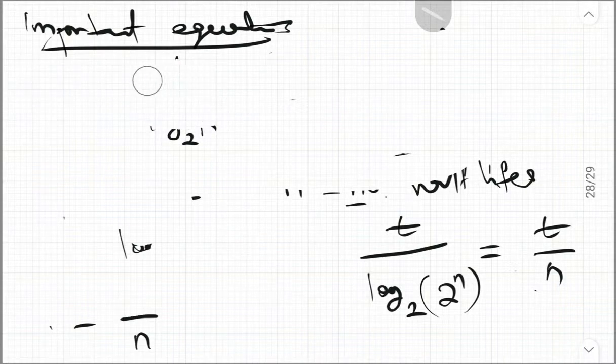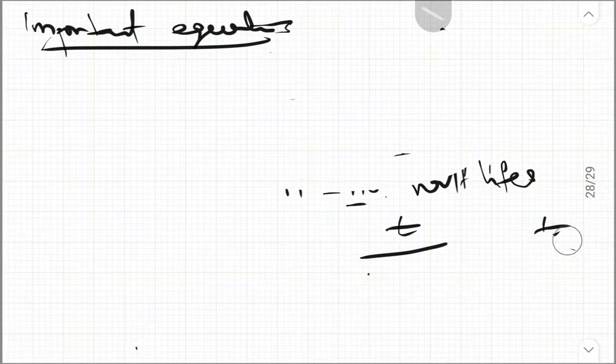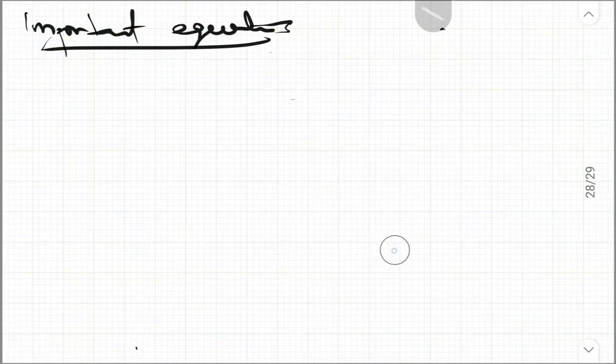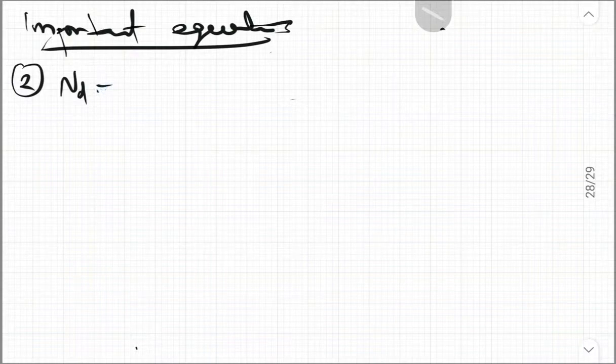Let me clean this up. So the second equation is that the number of radioactive atoms that decayed in a particular time interval is equal to the initial amount of radioactive material minus the final amount.